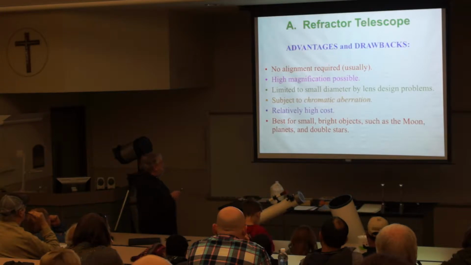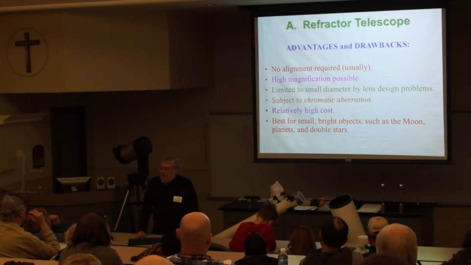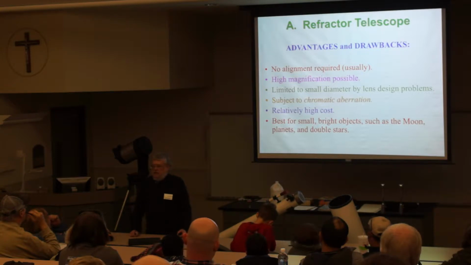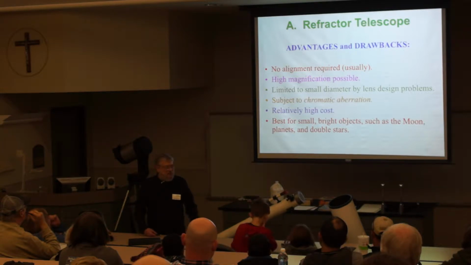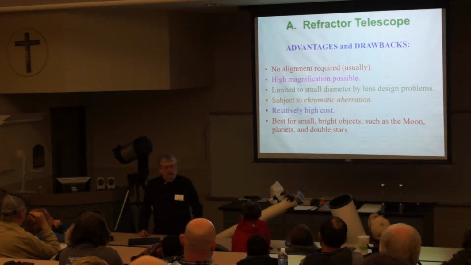The refractors are best for small, bright objects such as the moon, planets, and double stars. Now, this leads to an important point. What is the main purpose of a telescope? Most people will say it's to magnify things, but that's a second effect. The main purpose of a telescope is to gather light, more light than your eye can gather.